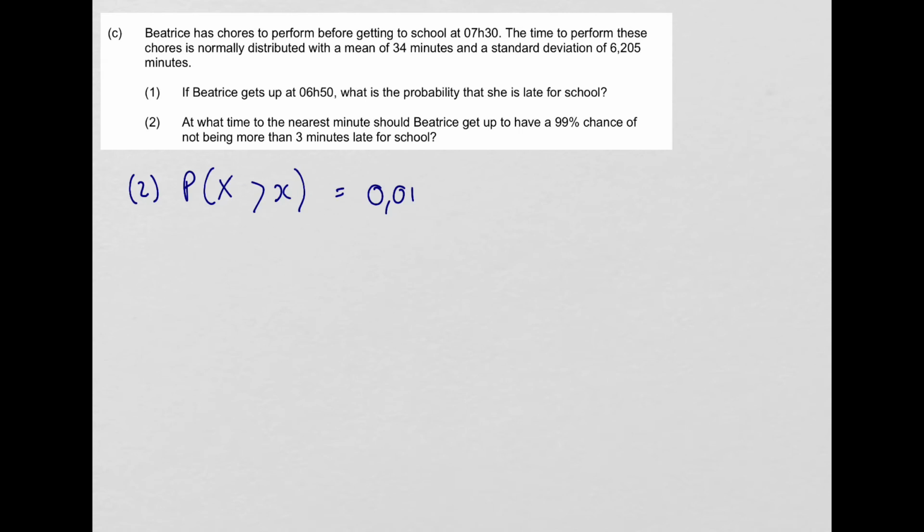And in order to understand that, let me draw a diagram. Okay, so we know that the mean is here at 0.5. Alright, so our 0.01 will be up here. Because remember, then the 99% is this region here. In that 99%, she won't be more than 3 minutes late for school. But in that last little bit is when she will be.